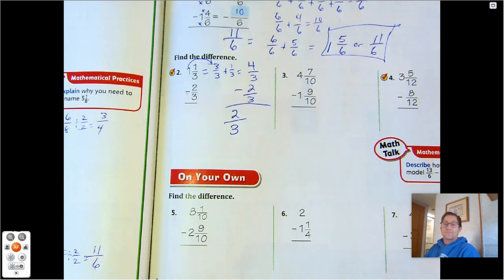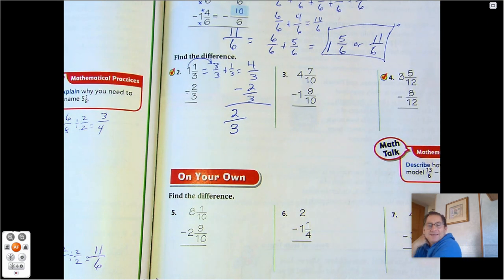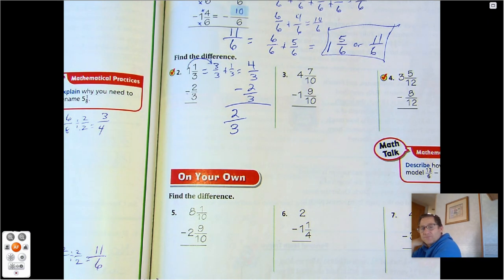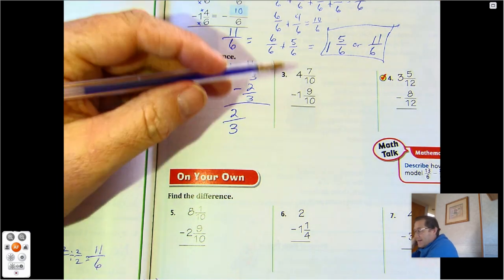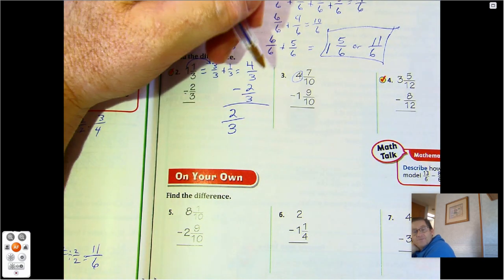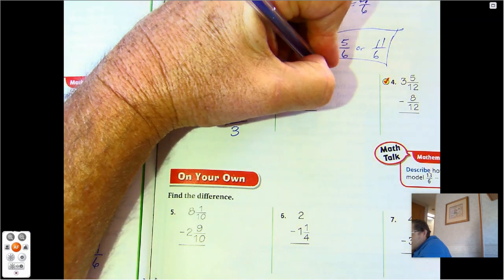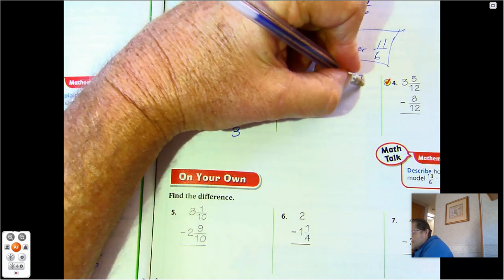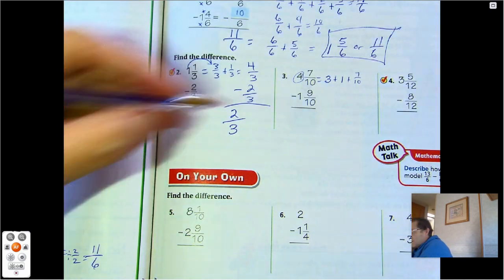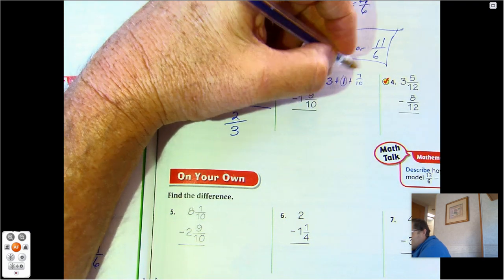Number 3, 4 and 7/10 take away 1 and 9/10. Okay, I can't take 9 from 7, so we can rename the 4 in 4 and 7/10 as 3 plus 1 plus 7/10. The 1 is 10/10.